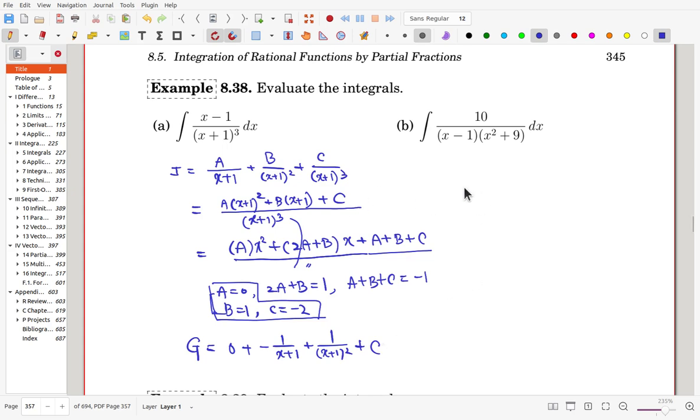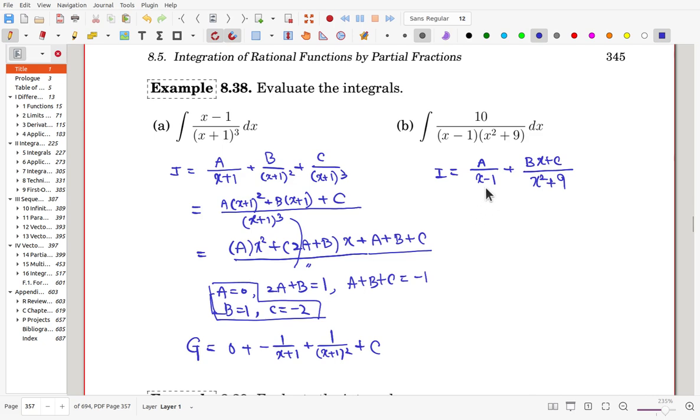Okay, now for that one, the integrand can be partitioned in this way: a over the linear factor x minus 1, plus, for the quadratic factor, bx plus c, a linear term, over x squared plus 9. So we have to decide a, b, c. After deciding this, you can separate two things so that you can get the integral easily.